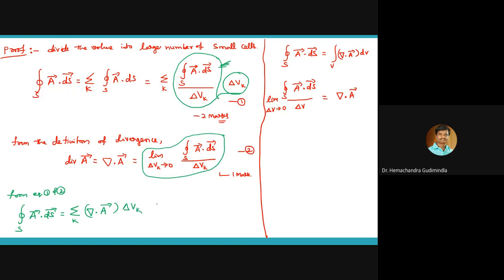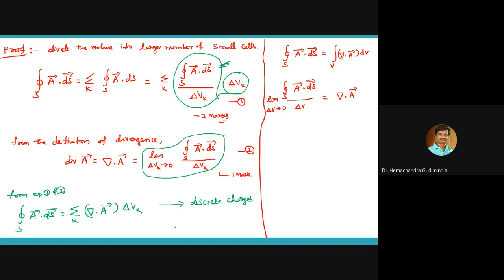For writing this, you will get 1 mark. This is for discrete charges, because we have sigma over here.